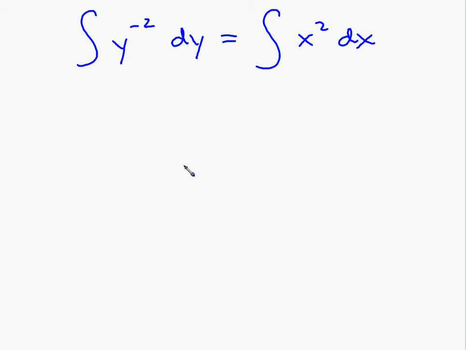On the right side, that's a simple antiderivative. It is x cubed over 3 plus c. Remember, we must get that plus c in there. Okay? And on the left side, even though that's a y, we're just going to treat it like we do the right side. We're going to use our power rule. So we add 1 to this negative 2 up here.